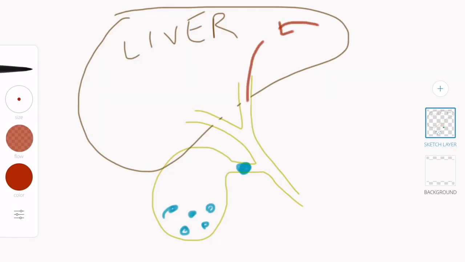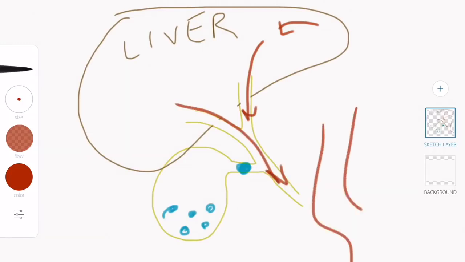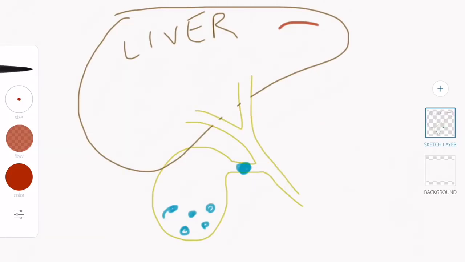It would go down the bile ducts as it should and into the duodenum. However, when the radiotracer would go down the biliary ducts, it would not reflux into the cystic duct and into the gallbladder because it is being blocked by this stone right here. So we would not see the gallbladder light up on a positive scan.